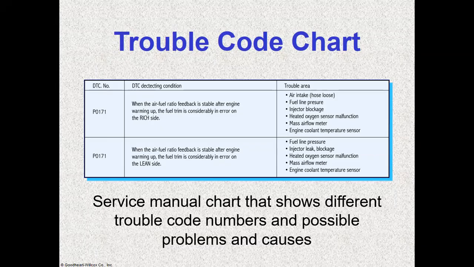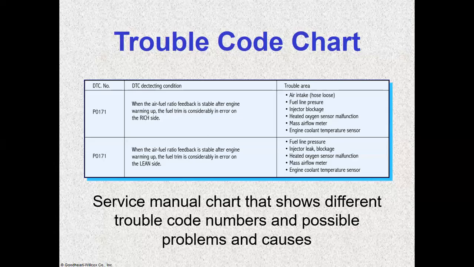It just makes the mixture rich for the cold start. But after the vehicle warms up, the computer will go back into closed loop, meaning it will start receiving information from the various sensors to adjust fuel mixture, right?